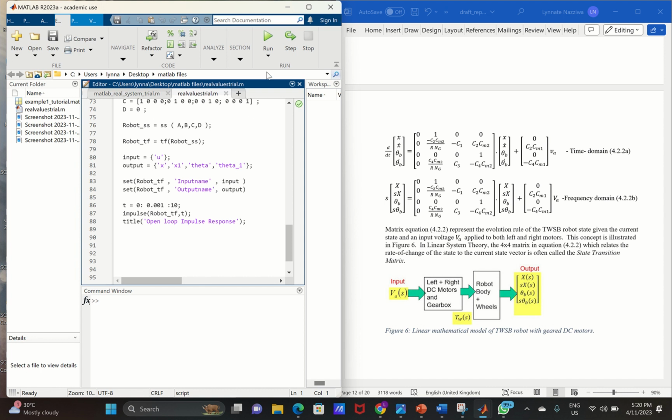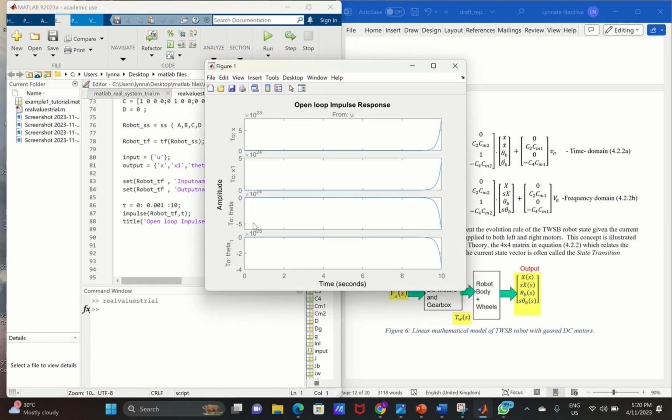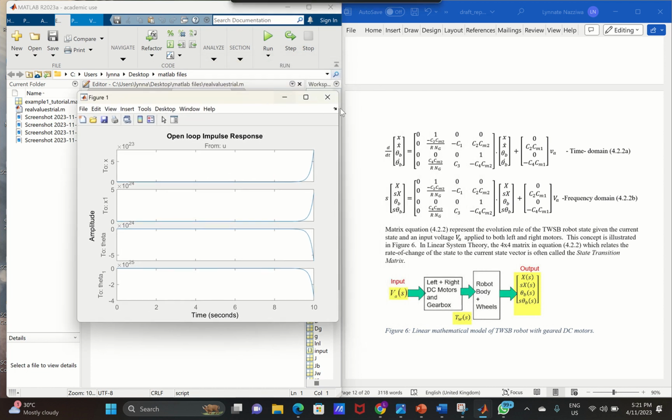When we run our code in MATLAB, we are able to get different graphs of the different states. The first state is X, the second state is X dot, as you can see from these matrices. The next one is theta B, and the next one is theta B dot, which are different states from the state vector here.